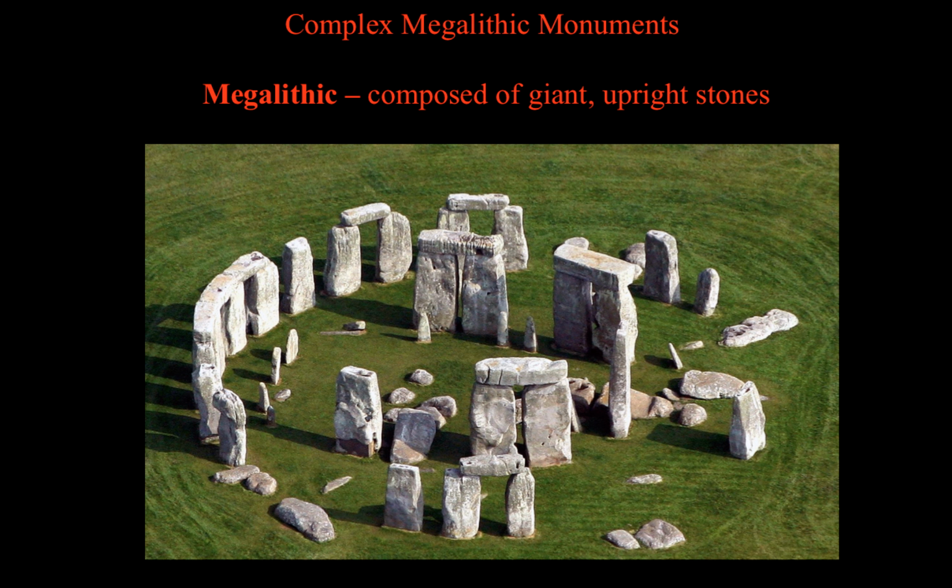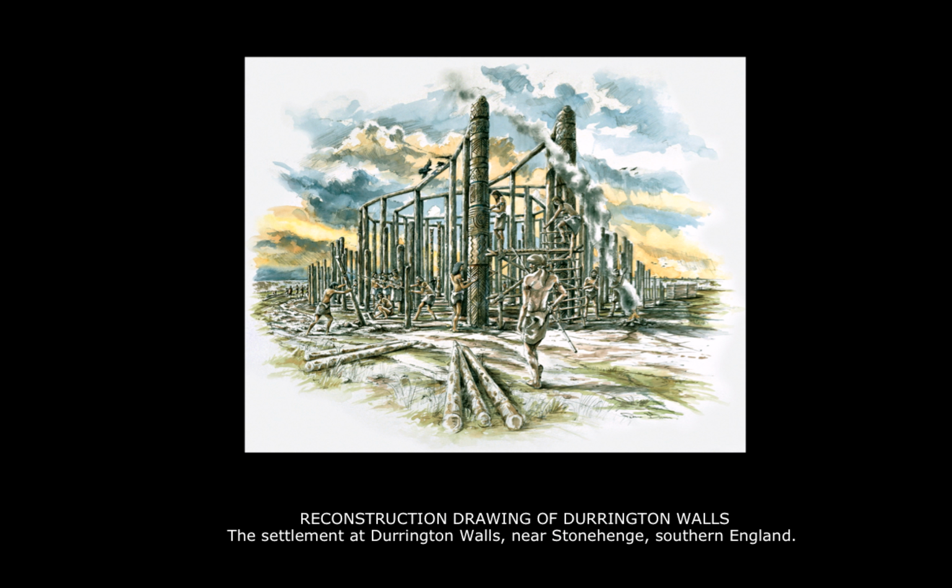So let's consider Stonehenge and its relationship to the living. I'll show you another recreation and speculative map based on the site Durrington Walls, which is connected to this. Stonehenge is associated with this area called Durrington Walls, which is believed to have been a nearby settlement where people lived.